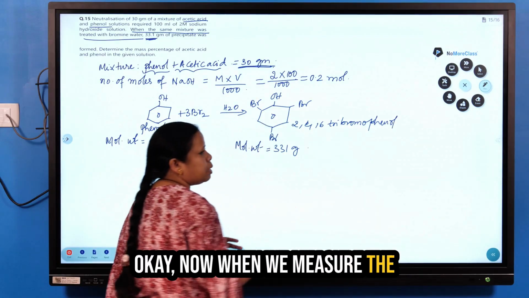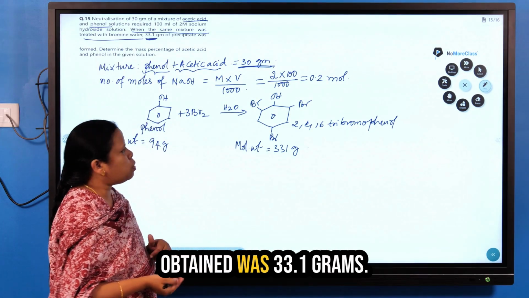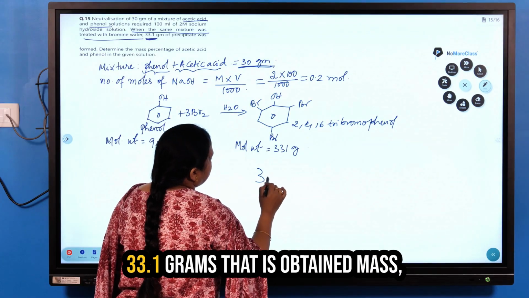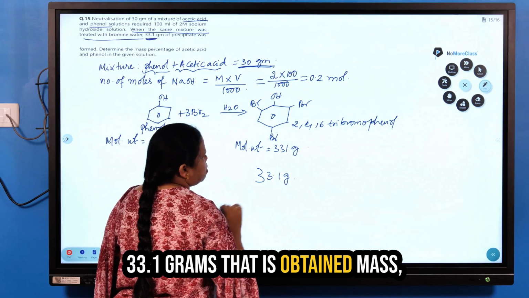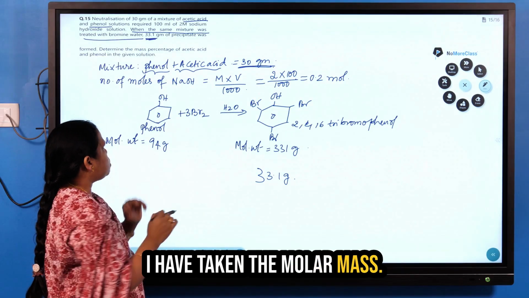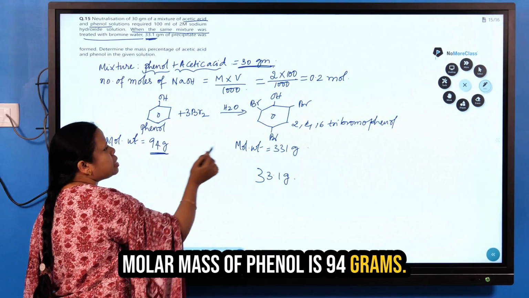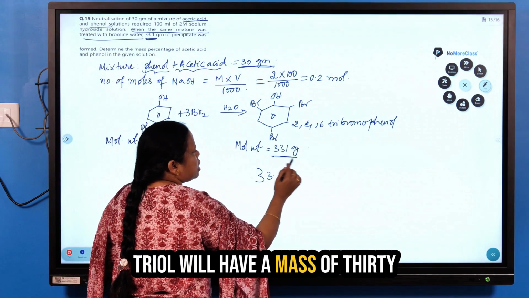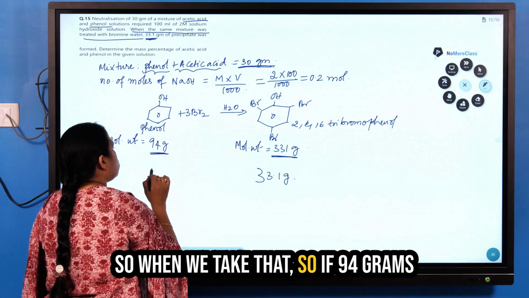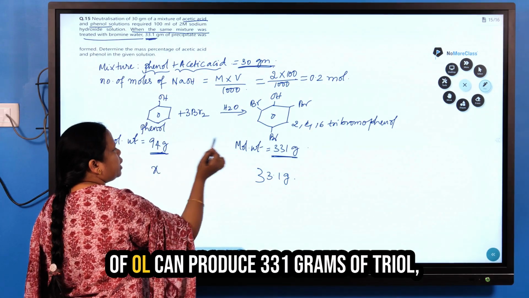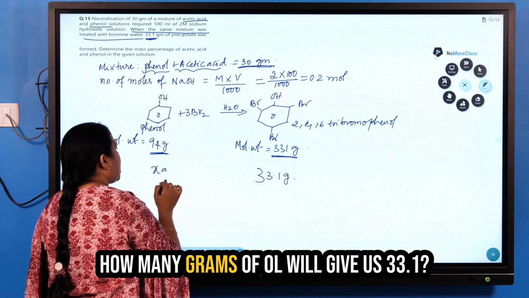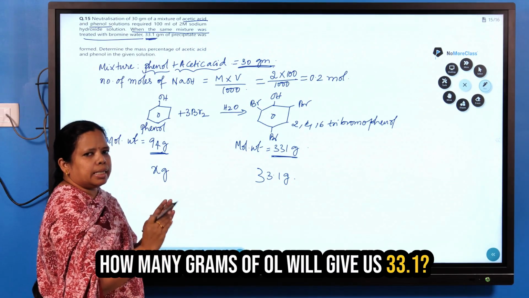Now the mass of the precipitate obtained was 33.1 grams. So we have to do the stoichiometry. The molar mass of phenol is 94 grams, and tribromophenol has a mass of 331. So if 94 grams of phenol can produce 331 grams of tribromophenol, how many grams of phenol will give us 33.1?